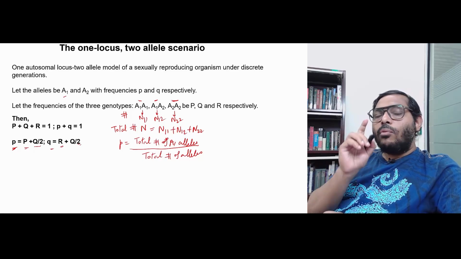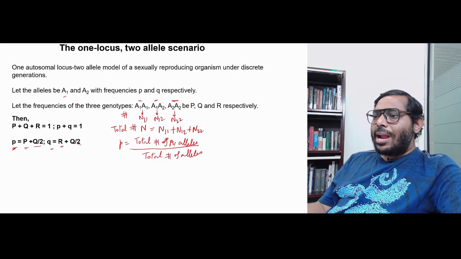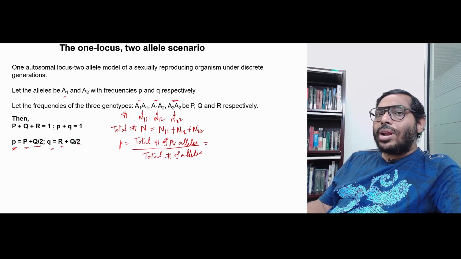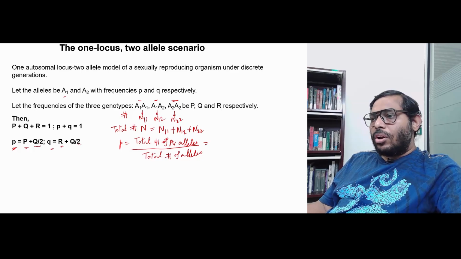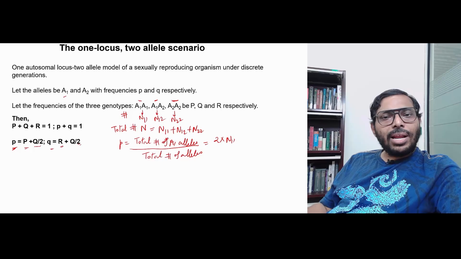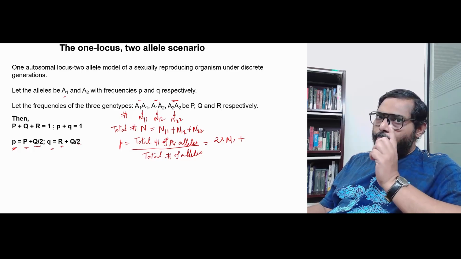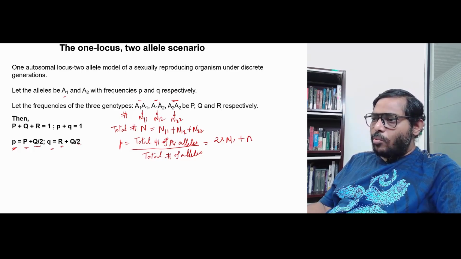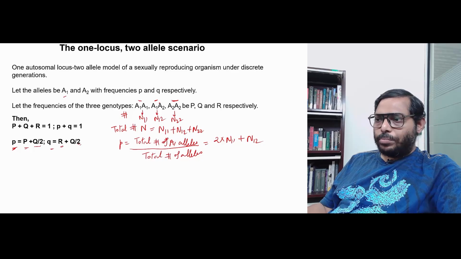So, each A1A1 individual has 2 copies of the A1 allele, right, and we have N11 number of A1A1 individuals. Therefore, the contribution of the A1 homozygote is 2 into N11, right, and what is the contribution of the A1A2 heterozygotes? Each one of them is giving me 1 copy of the A1 allele and there are N12 number of individuals. So, the total that we are getting over here is 2 into N11 plus N12.